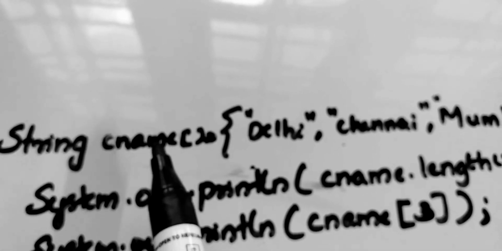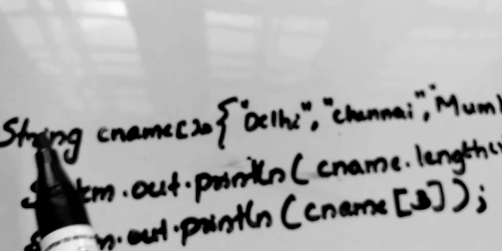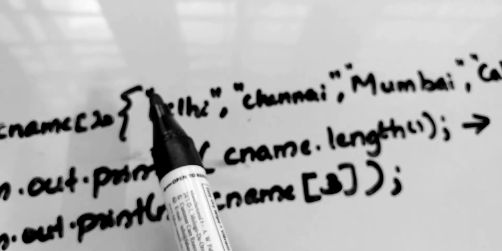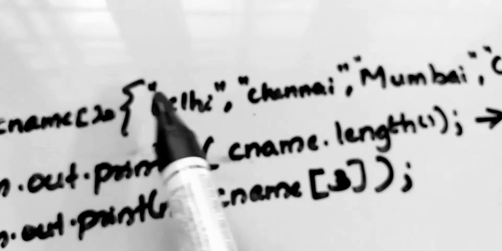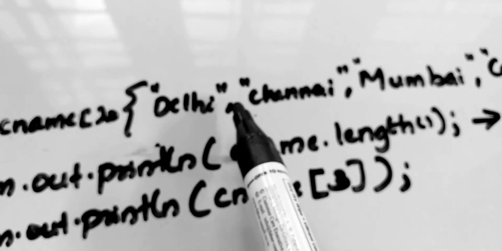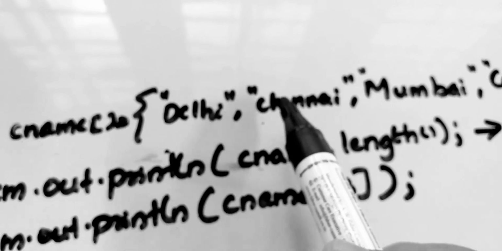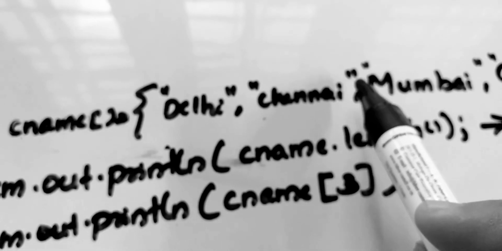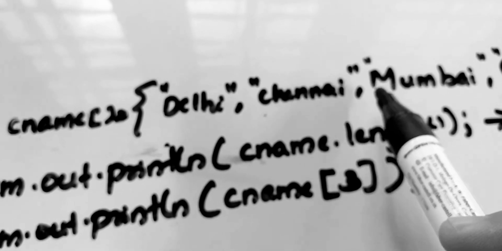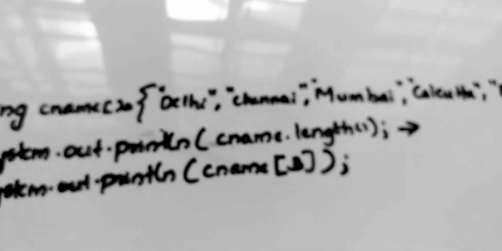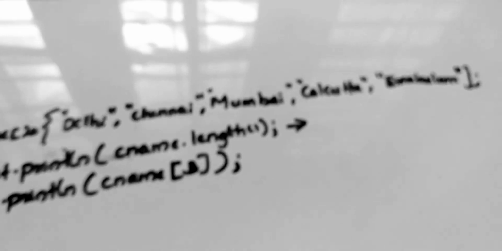It's an array with the string data type, so the elements stored in the array are strings. Each element in the array is enclosed in double quotes. After the first element, put a comma, then before the second element we put double quotes and write the name Chennai, then close the double quotes, then a comma, and after that the third name, and like that it goes. So these are the string elements. I hope it's clear for you.